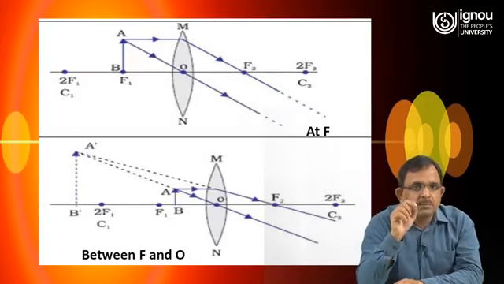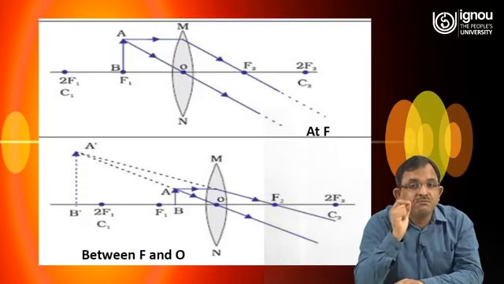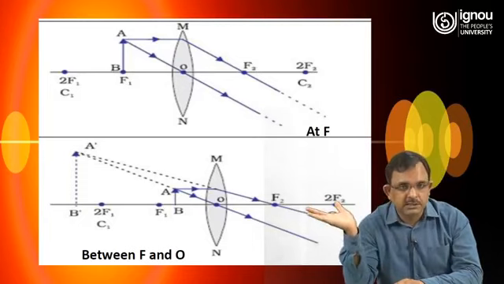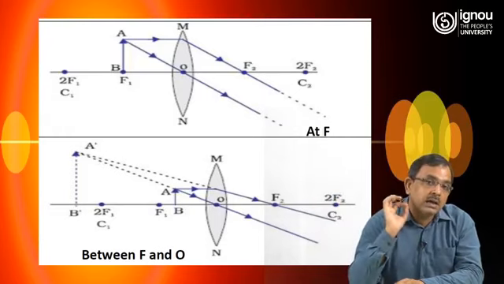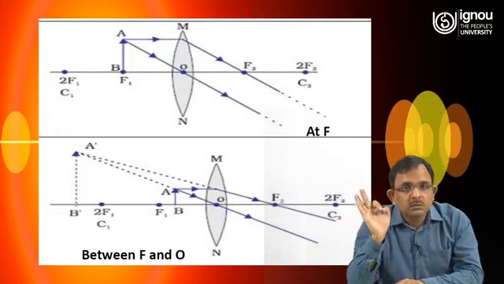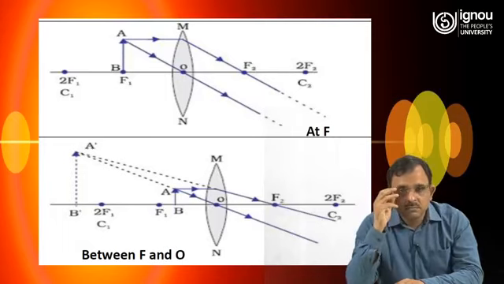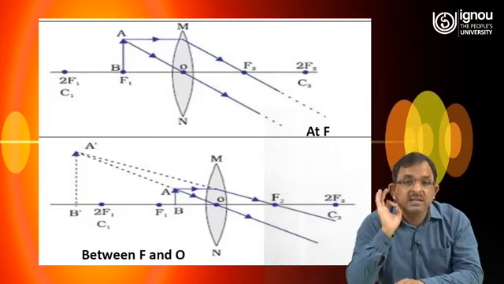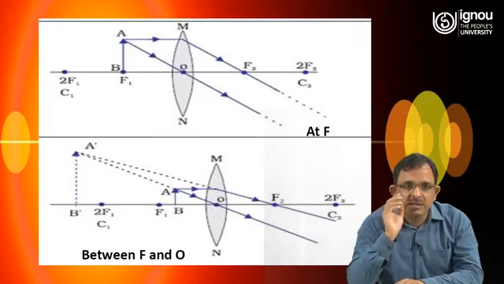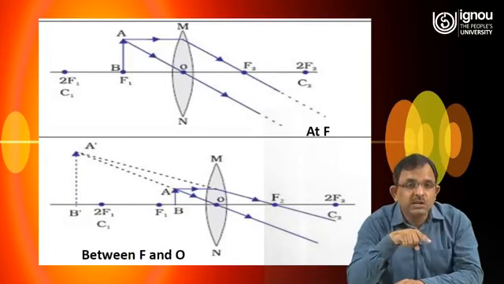In this way, if something is at f, its image will be formed at infinity. If something is between f and O, its image will be erect, but not a true image. Its image will be formed erect, not a true image, on the same side as the object, beyond the object.